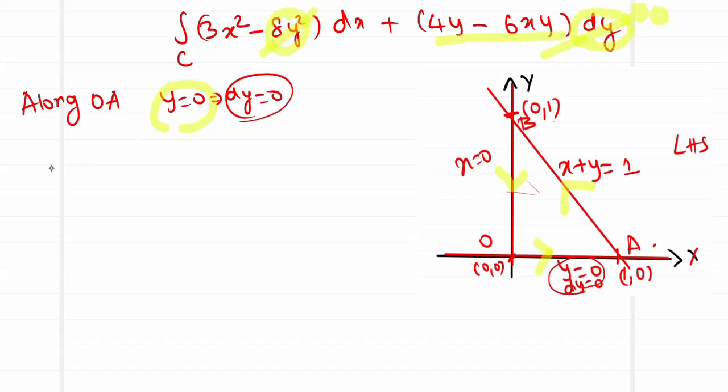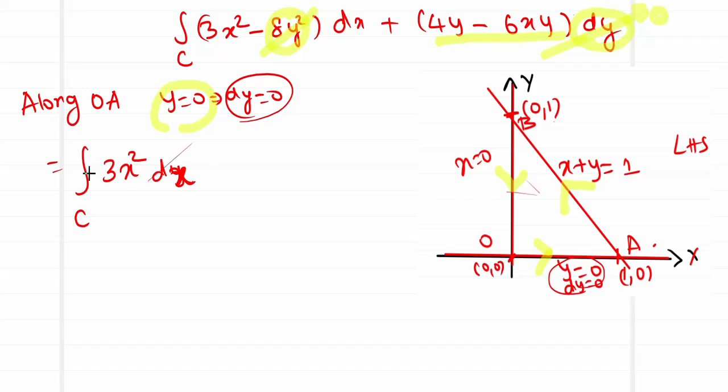And we will be just left with the integration along the curve C of 3x square dx. When we substitute y equal to 0 and dy equal to 0, 0 into something, this entire term will vanish. So this is what is left for my curve OA. I have this to be equal to 3x square dx, the left out quantity.